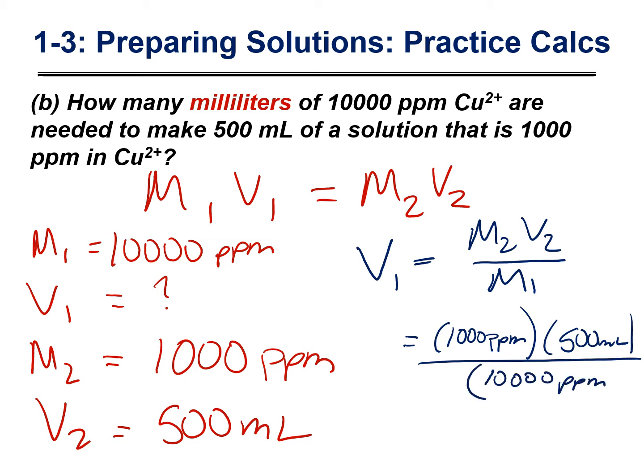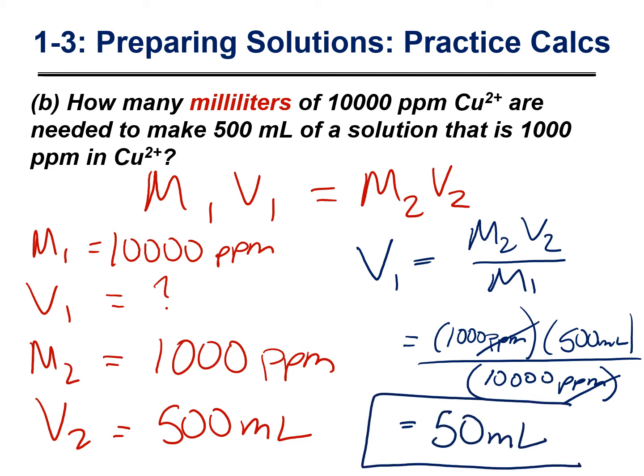And the reason why I don't have to convert anything is because I'm looking for milliliters, and both my concentrations are the exact same, so they'll cancel, and I'll be left with just milliliters. So I will just need to pull out 50 milliliters of our more concentrated solution and dilute it to 500 milliliters to make the new concentration of 1,000 ppm.